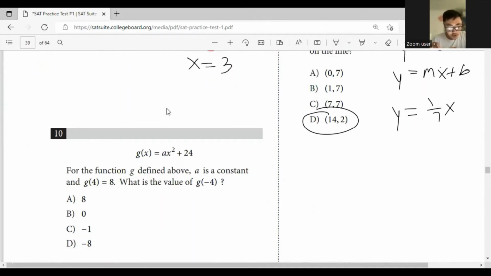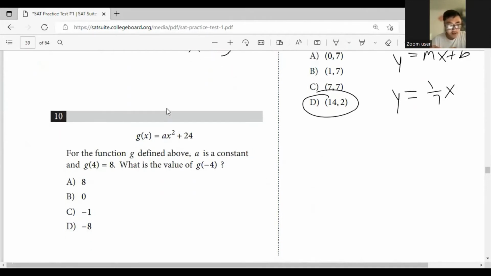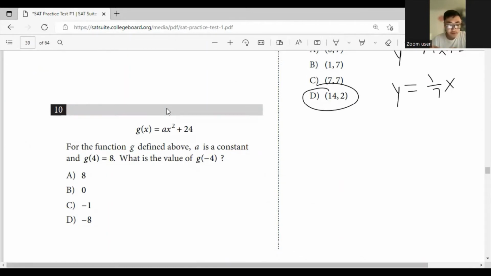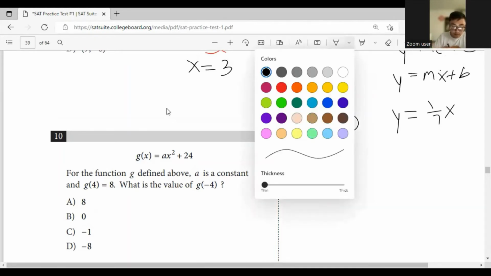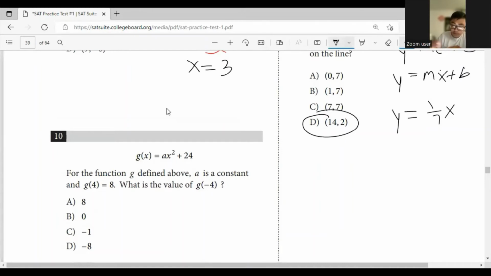For the function g defined above, a is a constant and g of 4 equals 8. What is the value of g of -4? Okay, so a is a constant and g of 4 equals 8. So let's plug that in. So g of 4, and we know 8 equals, so we plugged in 4 for x.